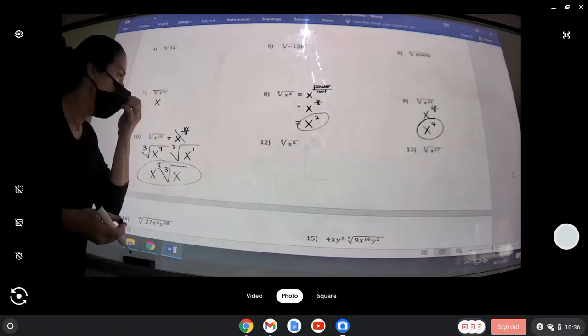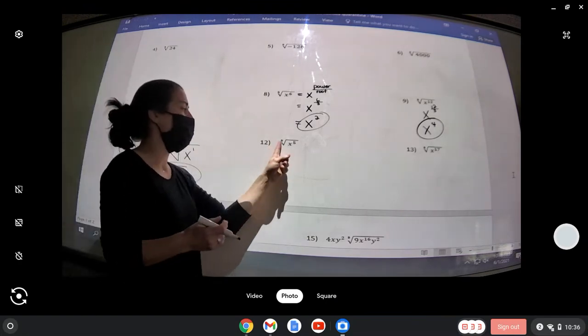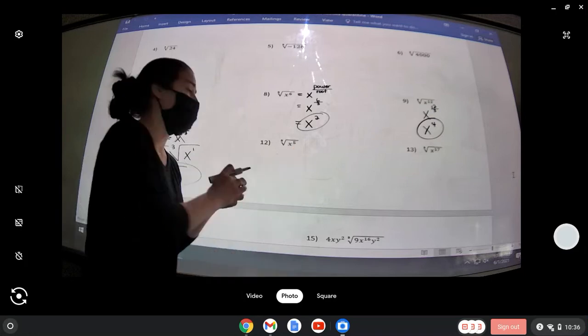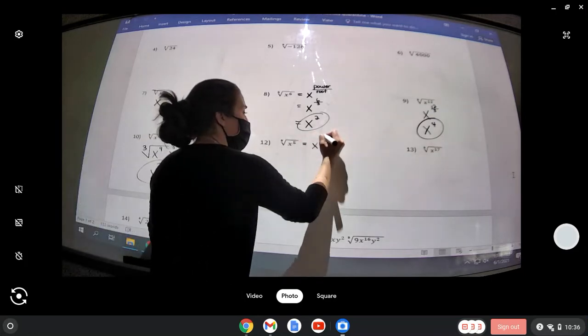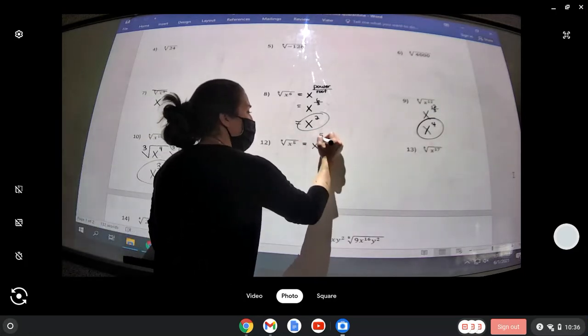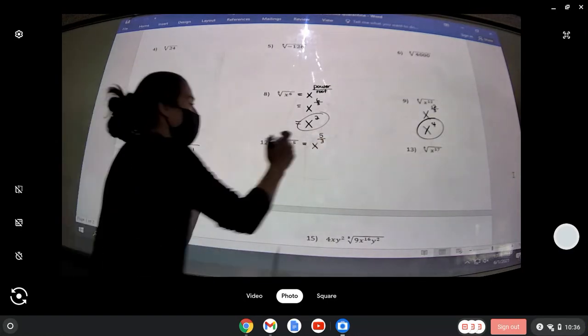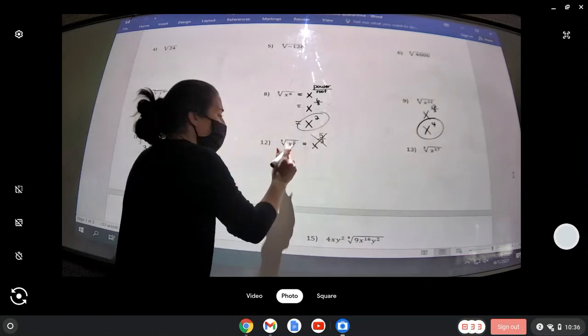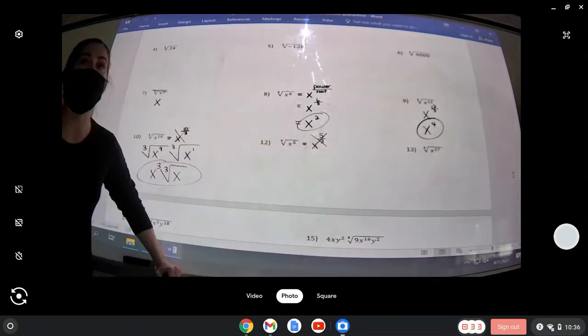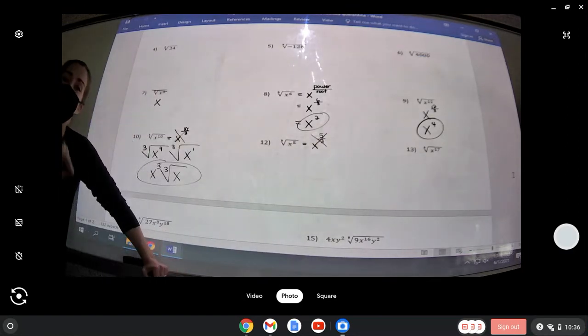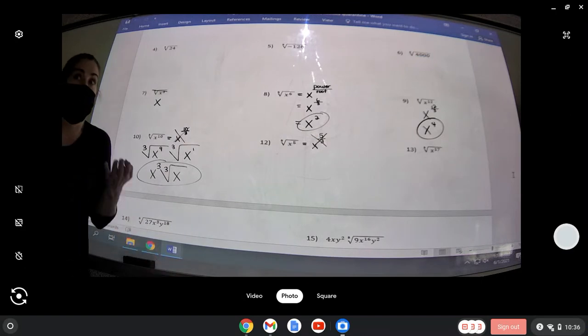All right, what if I asked you, what's the third root of x to the 5th? Well, this should be equal to x to the power 5 divided by root of 3. Guys, does 5 divide by 3? No, so I don't want this. So we're going to say, what's the closest number to 5 without going over that divides by 3? 3.